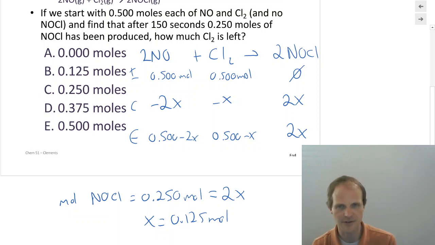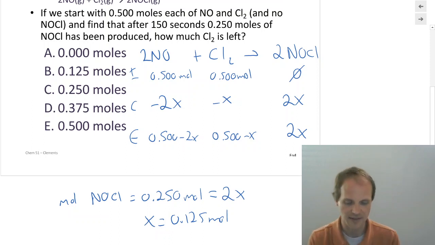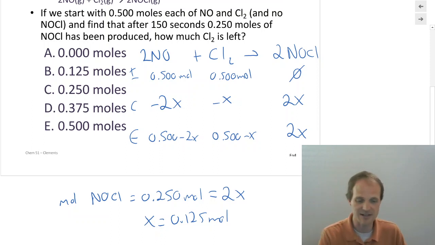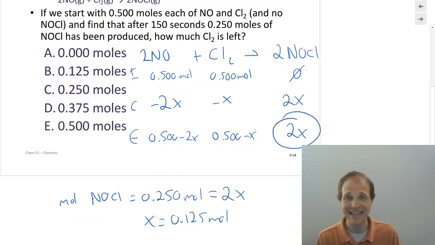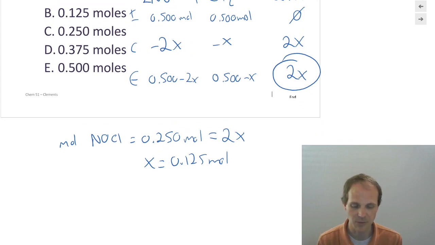That's very confusing for a lot of people because they want that moles of NOCl to be equal to x. But it's not. I mean, that's not what we said. We just defined it because we can as 2x. Right? We could have defined that as x, but then we would have had x's over 2's and stuff in our other thing. We would come up with the same answer. So that's very hard. People always want that to be equal to x, but it's not. It's 2x by definition because we defined it that way. And so I get x is 0.125 moles.